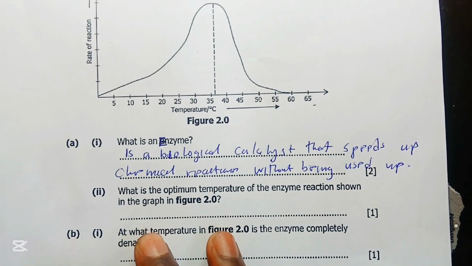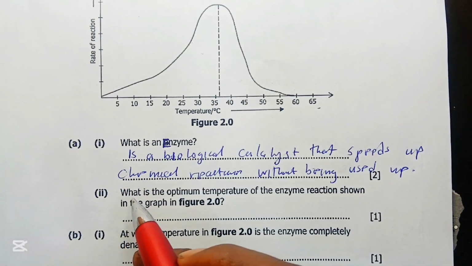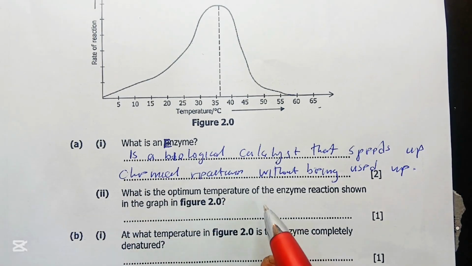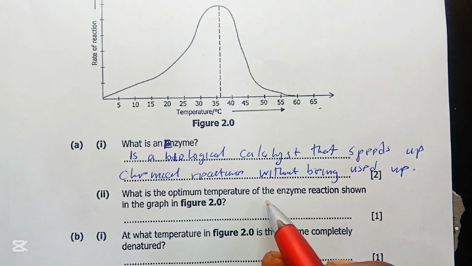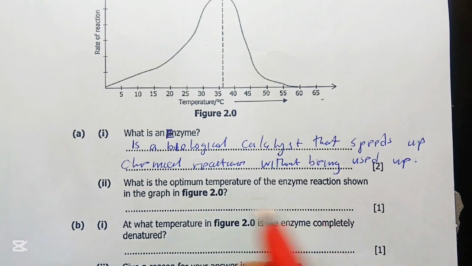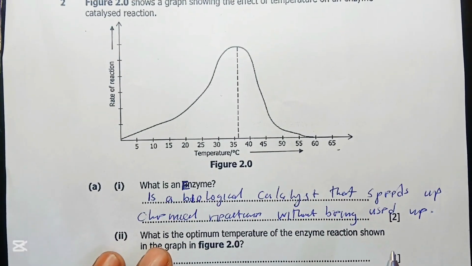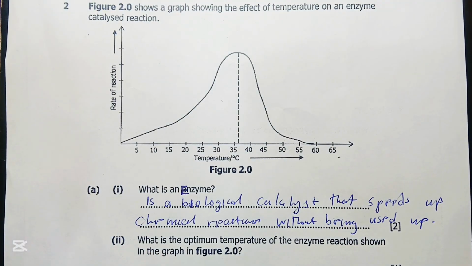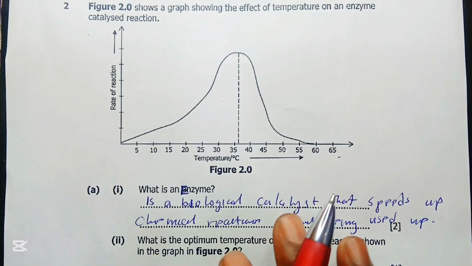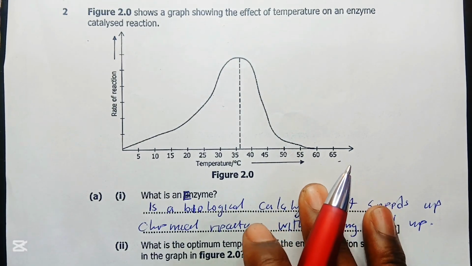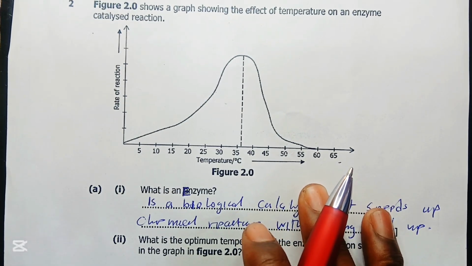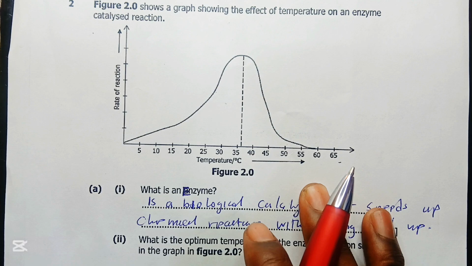Now the second question was: what is the optimum temperature of the enzyme reaction shown in the graph in Figure 2.0? What we understand is that the optimum temperature is the point at which the enzymes work the best.